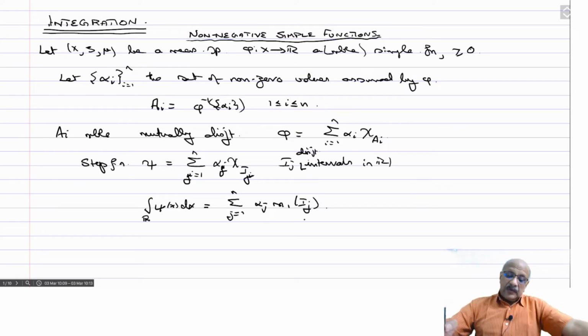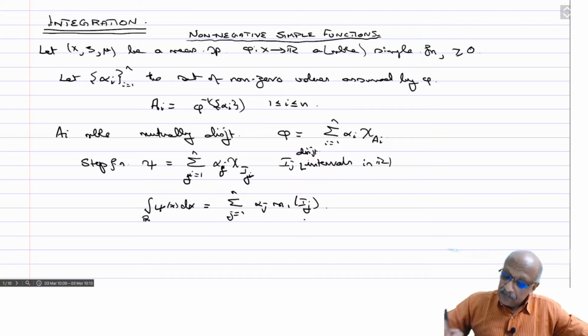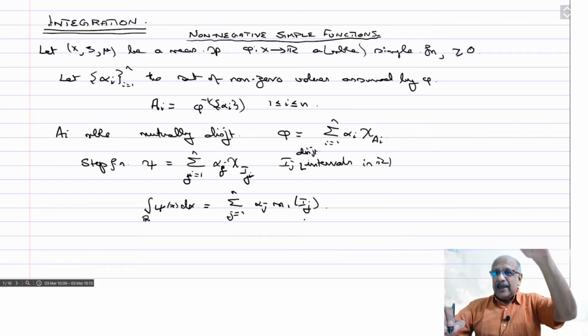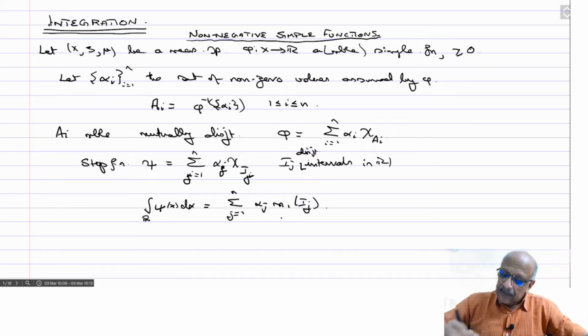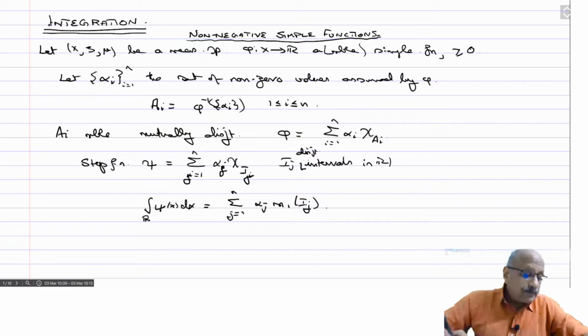This is what we said in the preamble, namely we go along the y-axis and take an aerial view of the function and then measure it. Instead of I_j, if you had arbitrary sets, then what do you mean by the measure of an arbitrary set? That's the reason why we defined measure theory up to now.